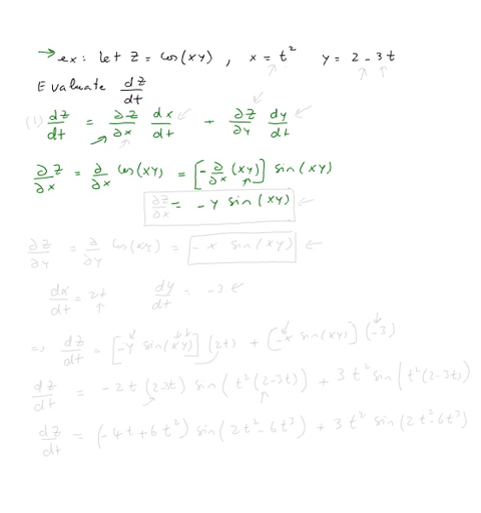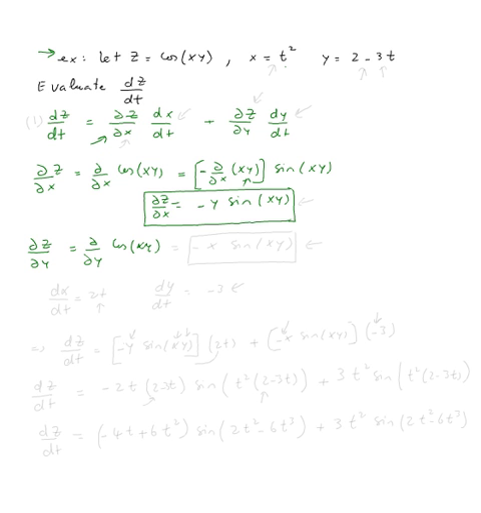So this is partial z with respect to x. Let's plug in the t and y later so we don't have to do the work twice. Now next we need partial z with respect to y, which is the partial with respect to y of cosine of xy.